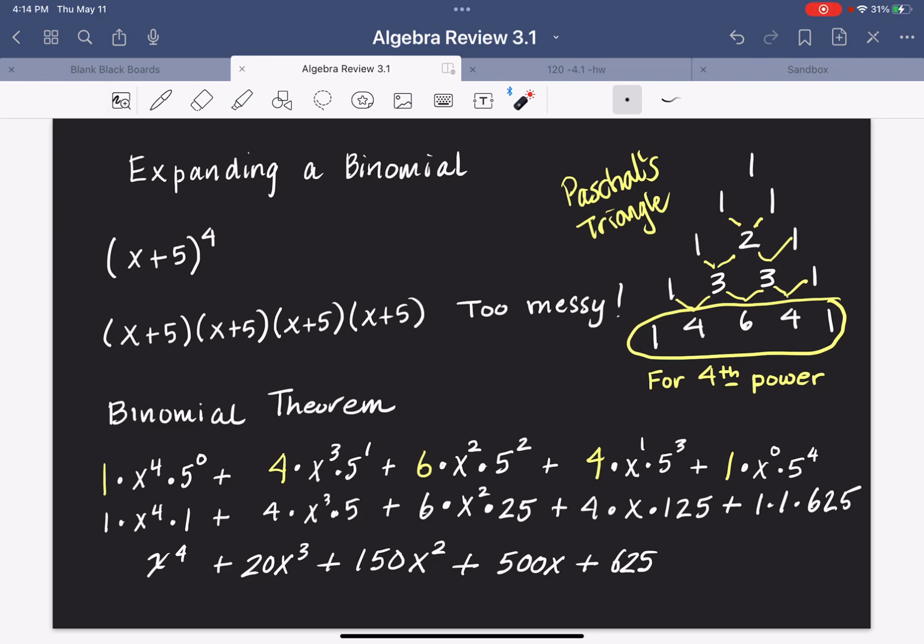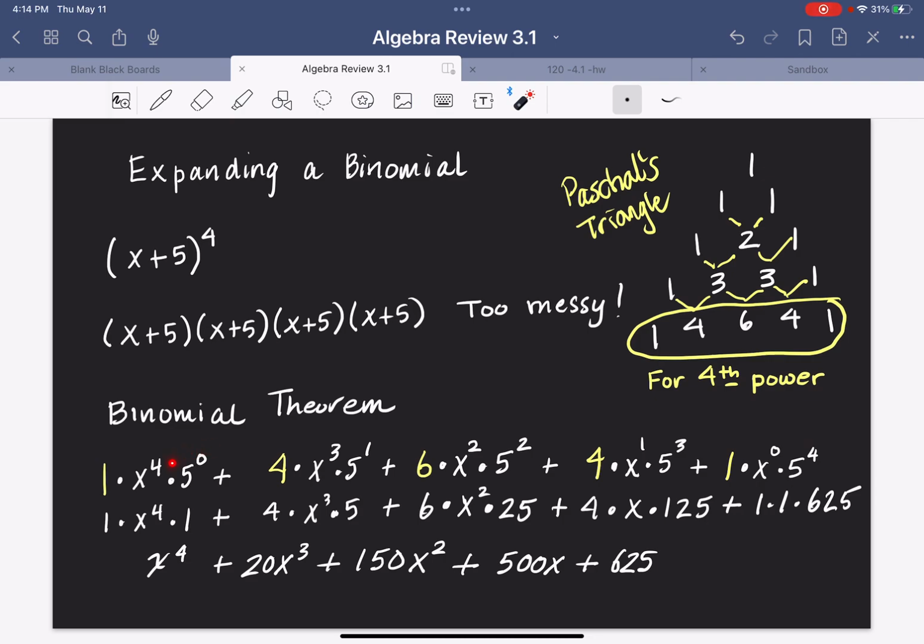Now, as for what we do with the x and the 5, the x starts at a power of 4, x to the 4th, and then it goes down by 1 each time. So x to the 4th, x to the 3rd, x to the 2nd, x to the 1, x to the 0. The 5 starts at 5 to the 0, goes up to 5 to the 1, 5 to the 2, 5 to the 3, 5 to the 4.